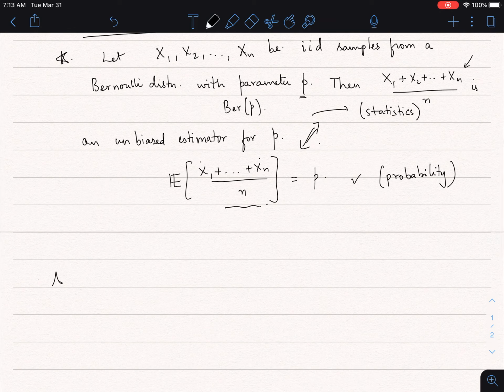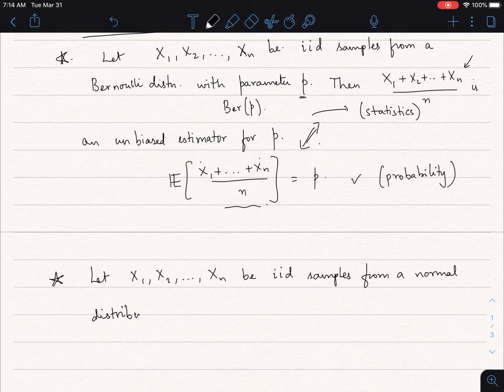Another example, which we didn't explicitly see but which has an identical proof: let x1, x2 up to xn be IID samples from a normal distribution or a Gaussian distribution, they're both the same thing, with parameters mu and sigma squared.